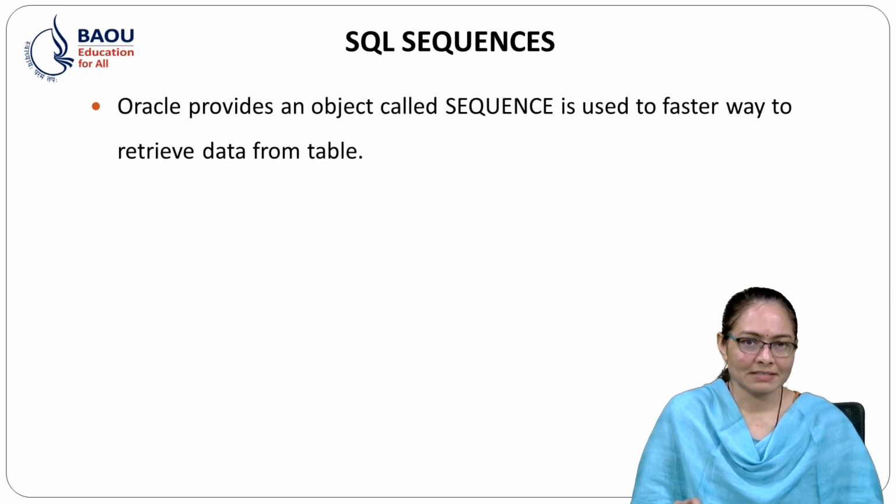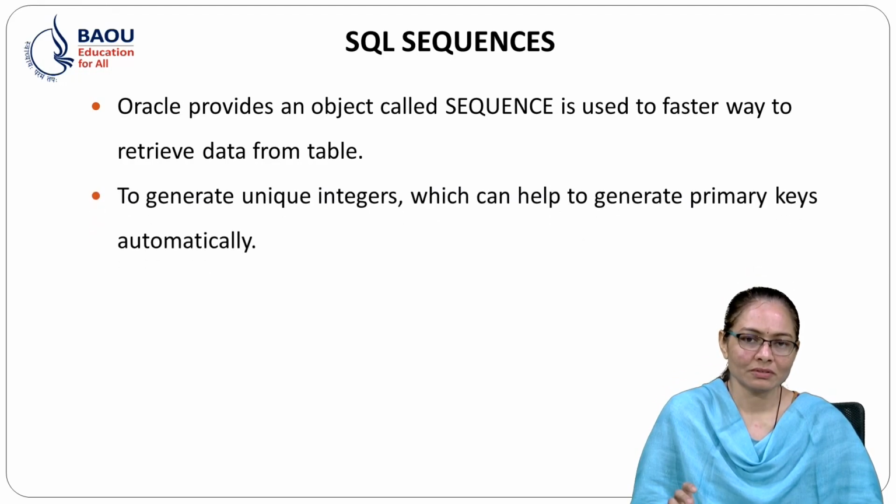Oracle provides an object called a sequence, used as a faster way to retrieve data from the table and to generate a unique number, which can help to generate the primary key automatically. Means we can create a sequence on a table column. We can't insert the data values for this column.